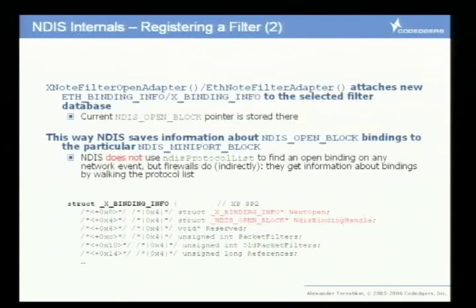Firewalls walk the list of protocols on the assumption that every protocol found in the list can get packets from the network, and that other protocols cannot get the packets. So you see here that NDIS saves information about the binding in this open block, in particular in this Miniport block, using a direct pointer.